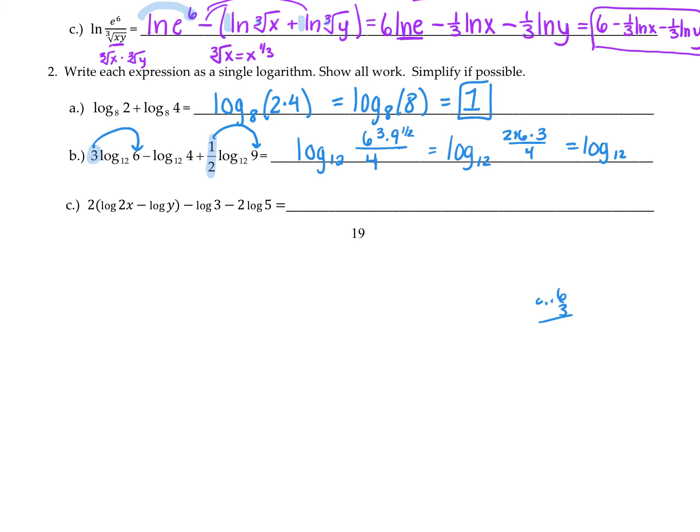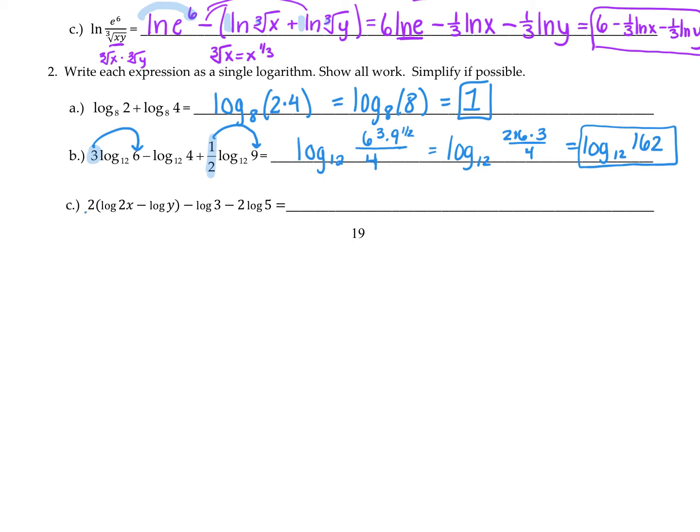Actually, let's do 4 divided by 216, and then we can multiply it by 3. So 54, and then 54 times 3 would be 162. So this comes out to log base 12 of 162. And that won't simplify because 12 to the 1st power is 12, 12 to the 2nd power is 144. So nothing is going to directly go into 162.